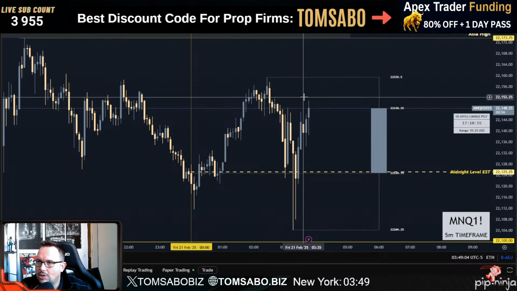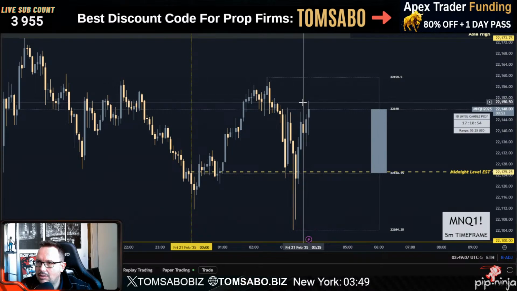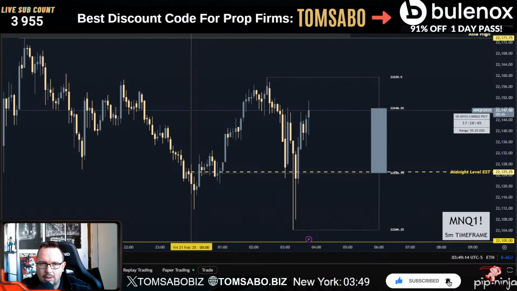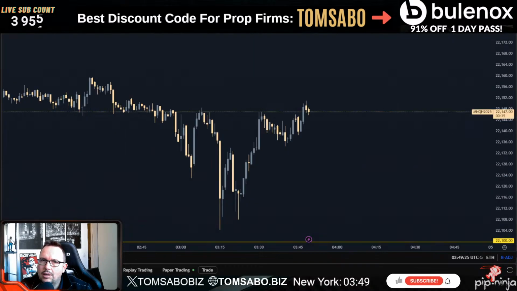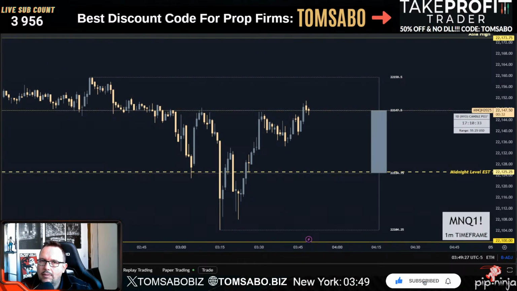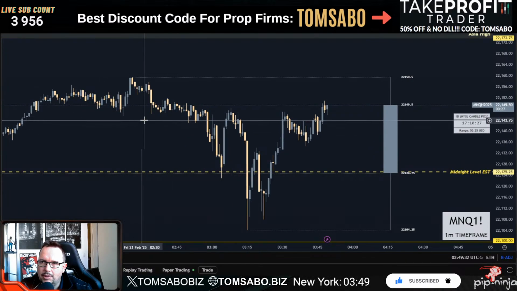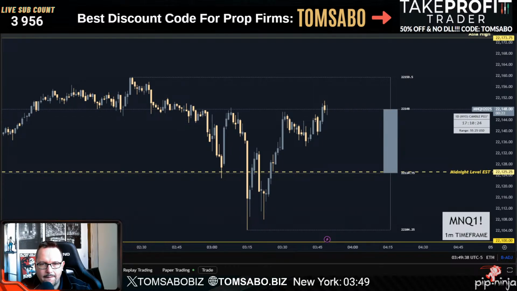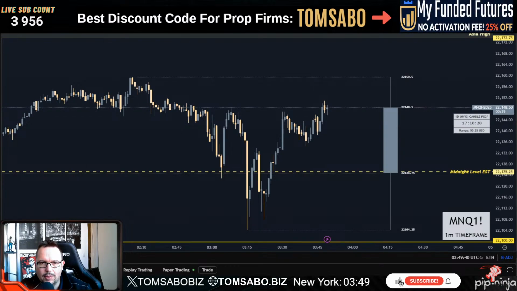The 5-minute shows a very, well, it's not a very nice one, but it looked like an order block up there, but it's not really. So all that's left is the high. Crude is falling.